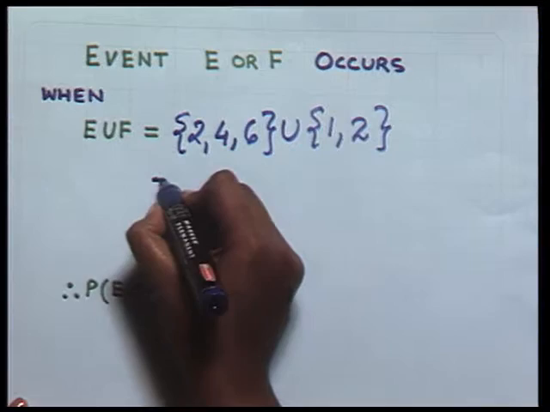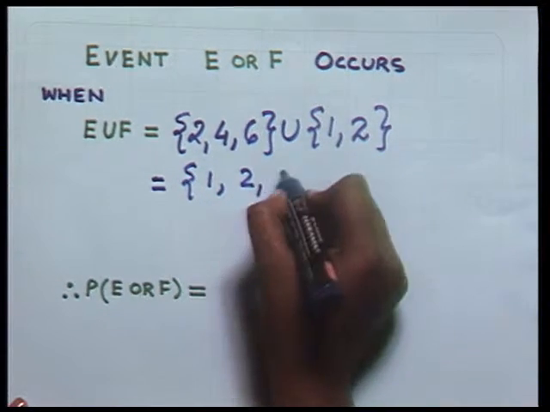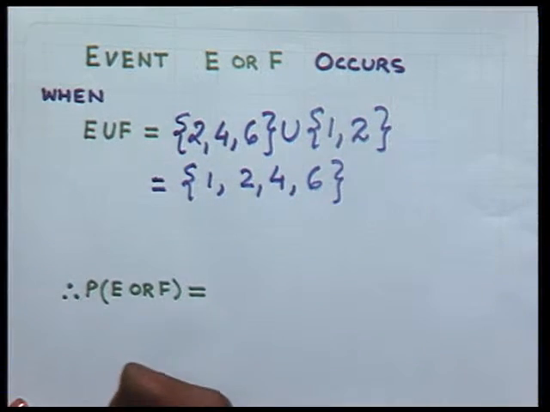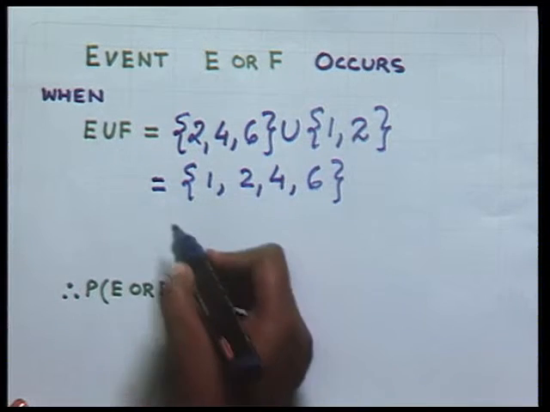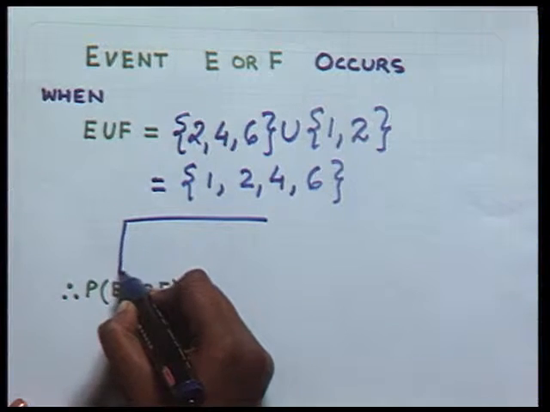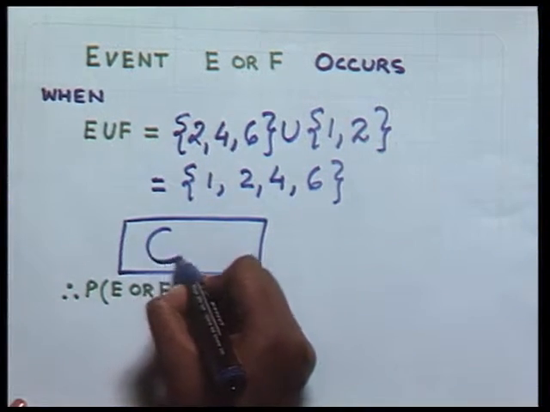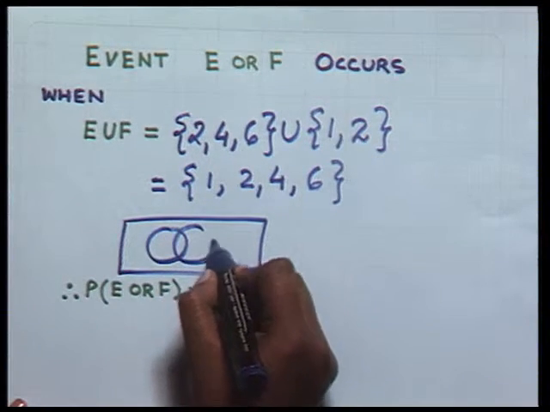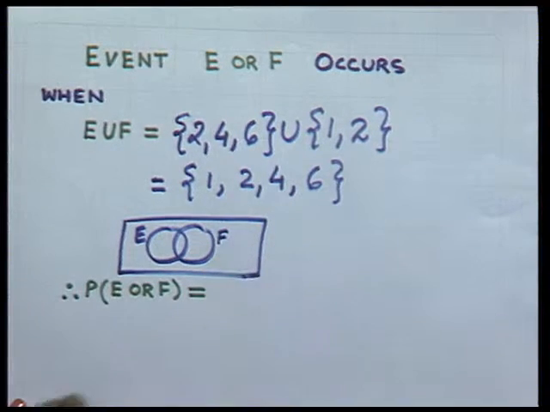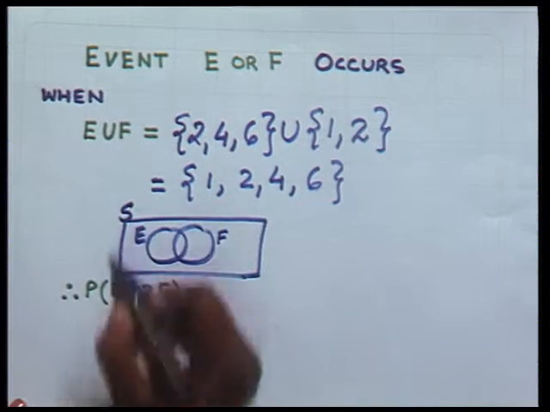So, this gives us the set 1, 2, 4 and 6. In Venn diagram, we can show this as, if this is the sample space, then the event E or F, if this is the event E, this is the event F, is shown like this.